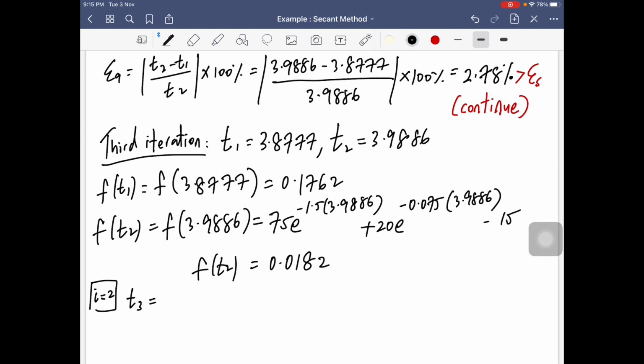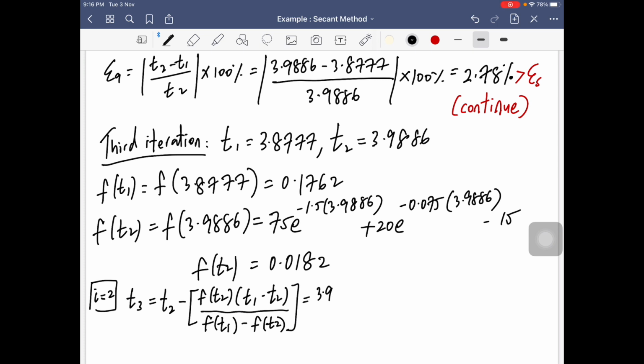Okay, so at this third iteration, i equals 2, so that we can improve the root estimation denoted by T3, where the value comes from T2 minus FT2 multiplied by T1 minus T2, divided by FT1 minus FT2. Okay, so this is the secant method formula. Substitute all the known values.